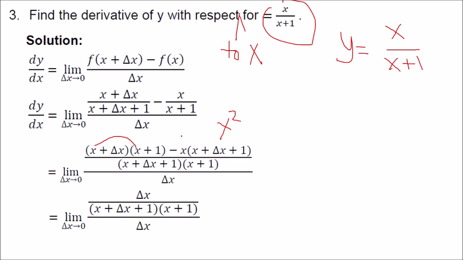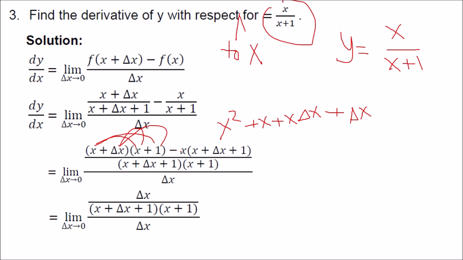X times 1, that's plus x. Delta x times x is plus x delta x. Huwag i-multiply yung x at saka delta x kasi magkaiba yung x at saka delta x. So, pagtabihin na. And then, delta x times 1 is plus delta x.